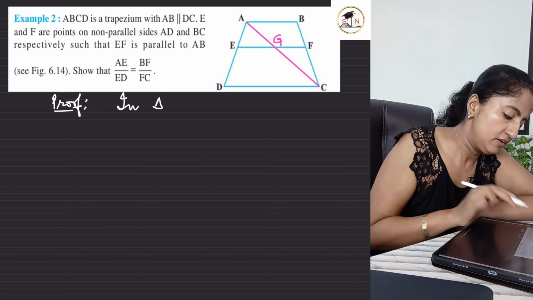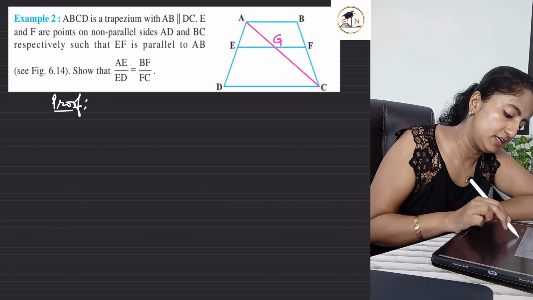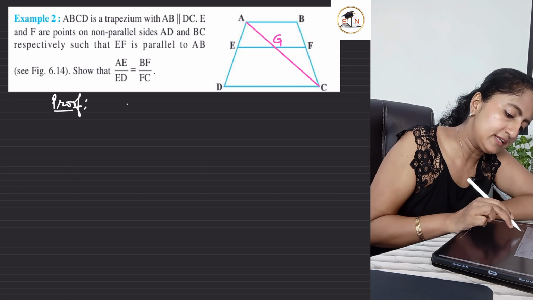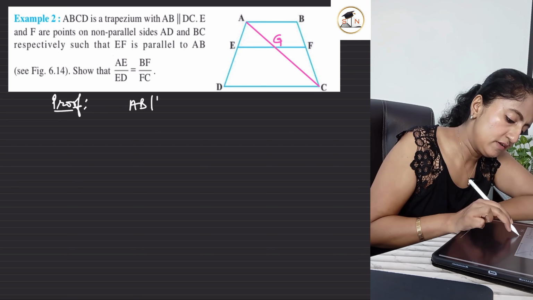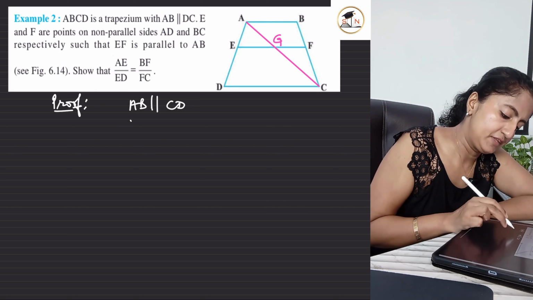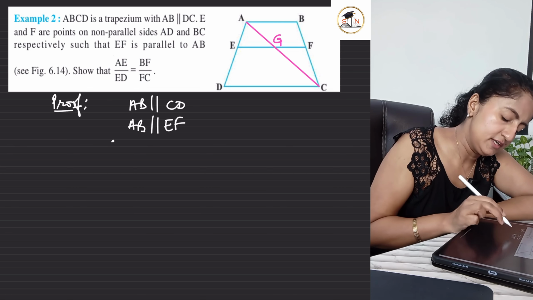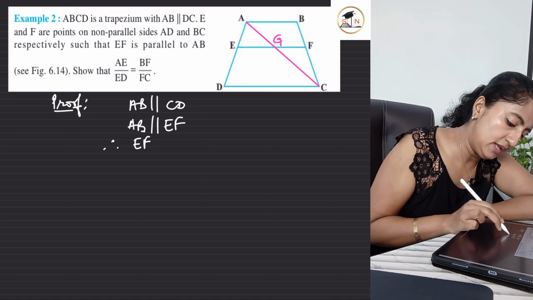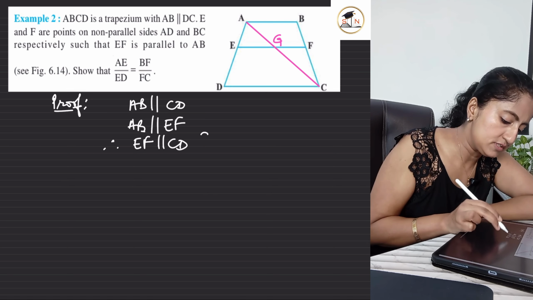Before we do it for the triangle actually, what we need to do, we are given that AB is parallel to CD. We are given that AB is parallel to EF. So therefore, EF is parallel to CD.